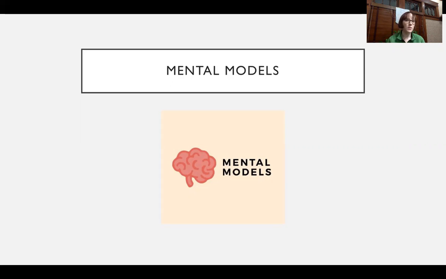Another mental model that people talk about in IO psychology is transactive memory. Do all of the group members within a group understand each other's knowledge and who possesses that knowledge? Because it's critical for you to know, in order to work well as a team, who knows what, and then also maybe who among your team knows who knows what.